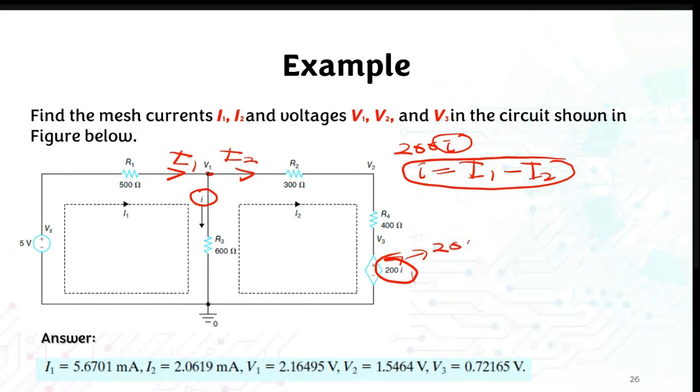If you want 200 times I1 minus I2, you can have 200 I1 minus 200 I2.